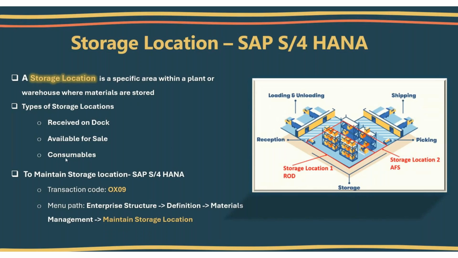Now coming back to the consumables. These are the materials that get used up during the production process, but they don't actually become a part of the final product. In a laptop manufacturing plant, for example, things like soldering wire, packaging tape, or cleaning cloths are considered as consumables.